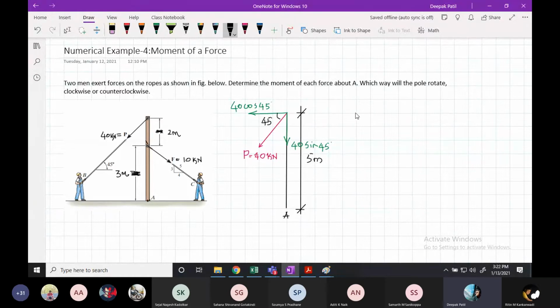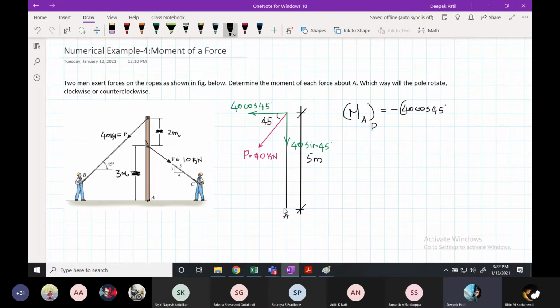So first I will just mark it as MA, that is the moment at A due to P. Equal to, first let me find out because of 40 cos 45. So 40 cos 45 at point A will actually cause an anti-clockwise movement. So I should write it as minus 40 cos 45.